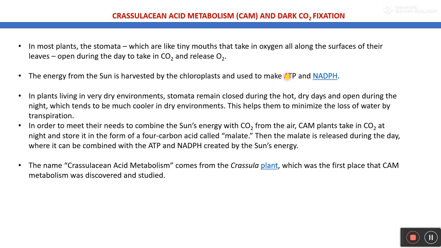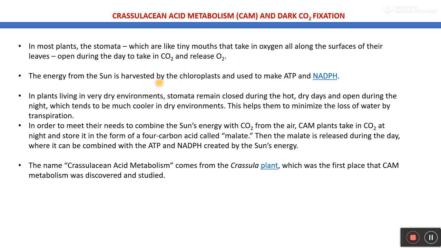Now I would like to discuss crassulacean acid metabolism, which is also known as dark CO2 fixation. In most plants, the stomata, which are like tiny mouths all along the surface of their leaves, open during the day to take in carbon dioxide and release O2.